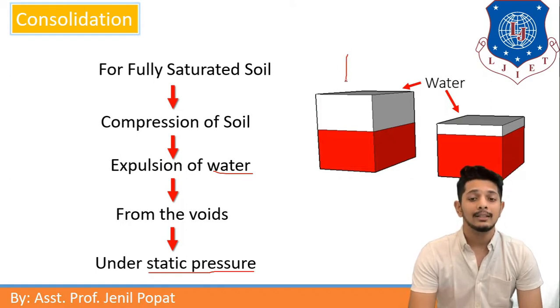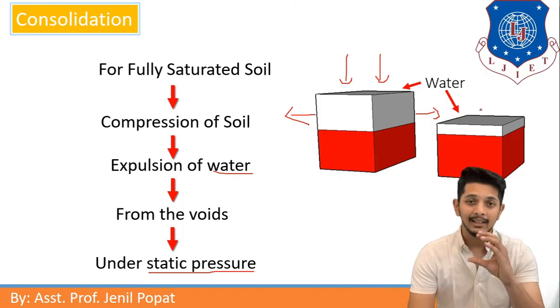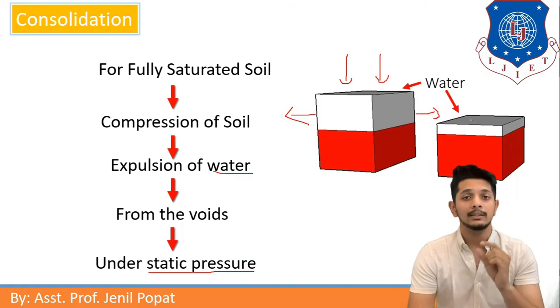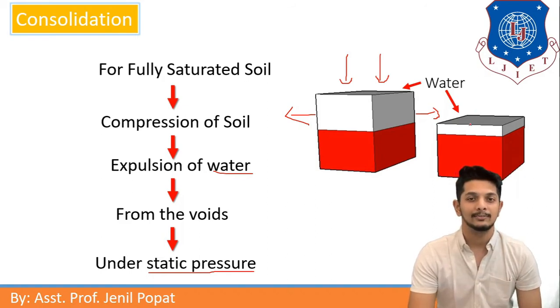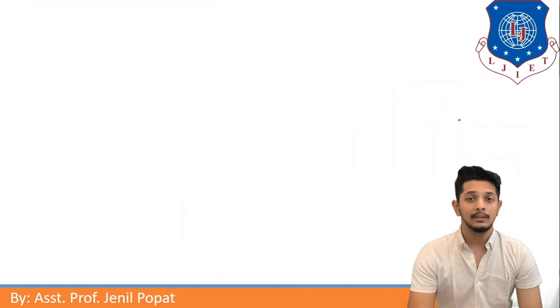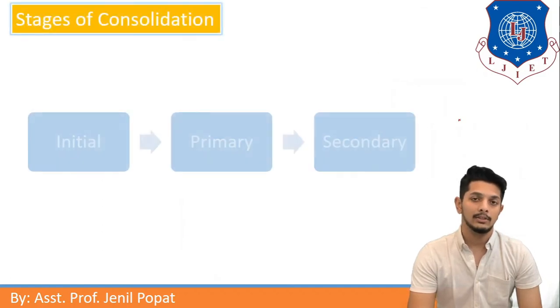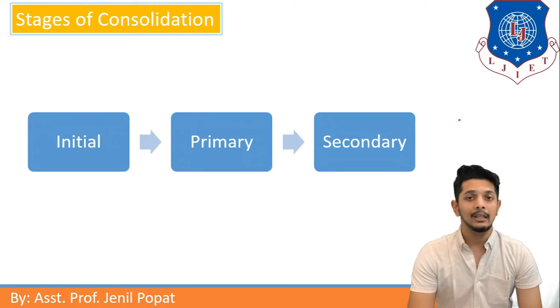Under natural static pressure, the soil particle will compress, and due to that compression water will go out, and due to expulsion of water the soil volume will decrease. This process is known as consolidation. Let us move forward and understand stages of consolidation like initial, primary and secondary stages.